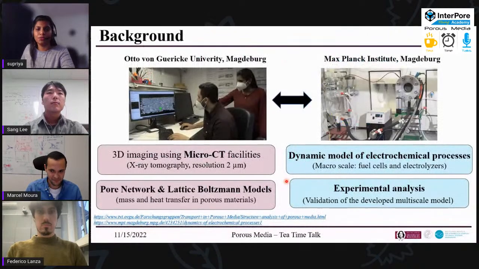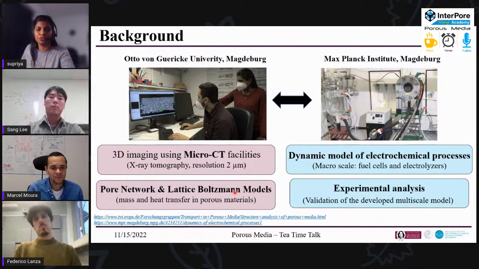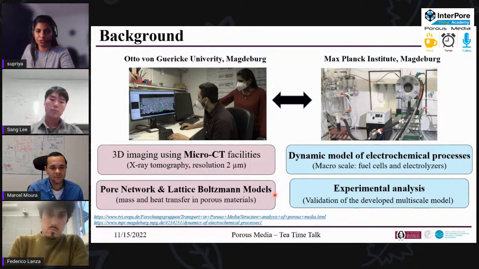Before going into the topic, I would give a brief introduction to our labs at the university as well as at the Max Planck Institute. We have our own 3D imaging using the micro-CT facility where we can go to a resolution of 2 micrometers. And we also do pore network and Lattice Boltzmann models for mass transport and heat transfer in porous materials.